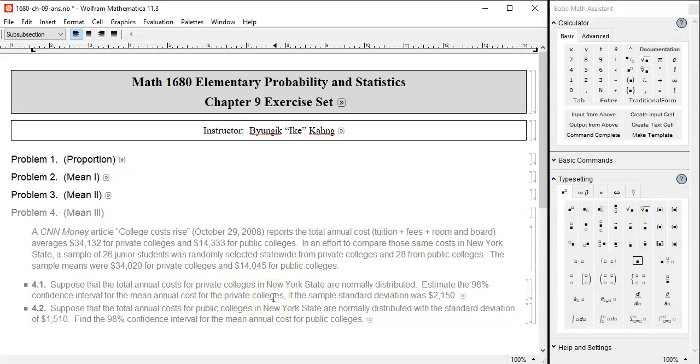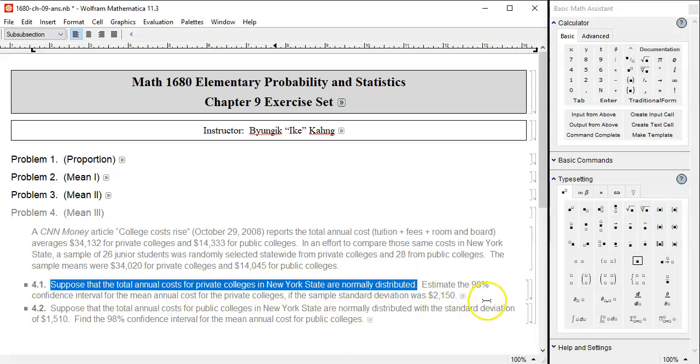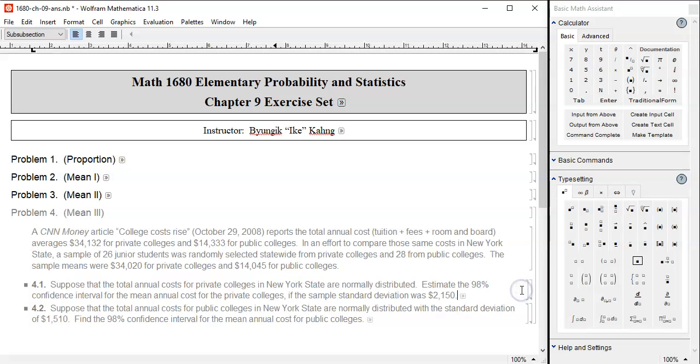Sample standard deviation is known, and we are talking about 26 students for private colleges, a small sample size, and finally, suppose that the original distribution is normal. So we have all three criteria for the t-table.